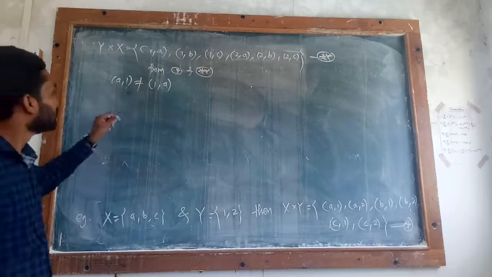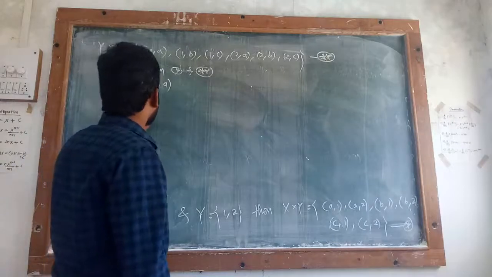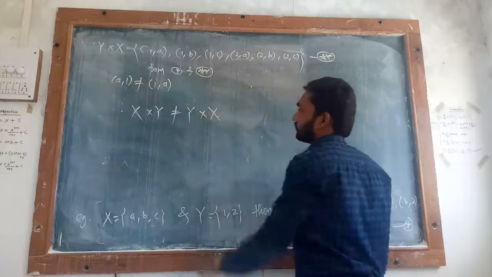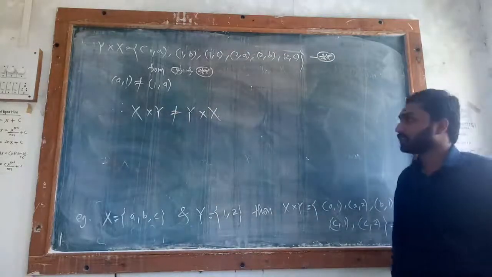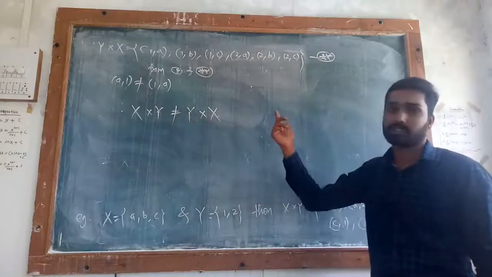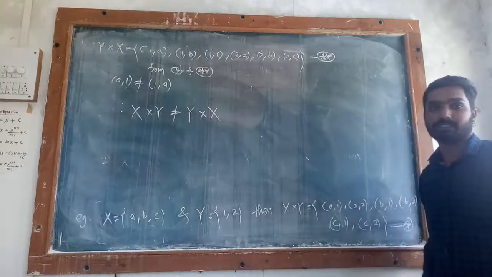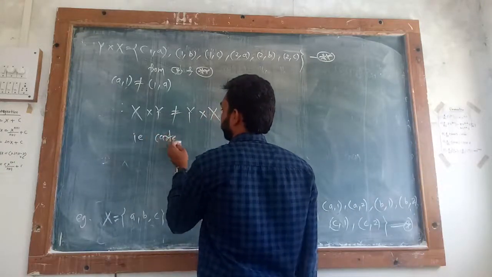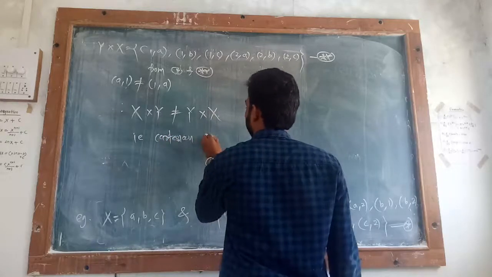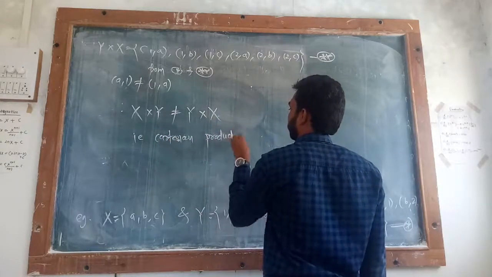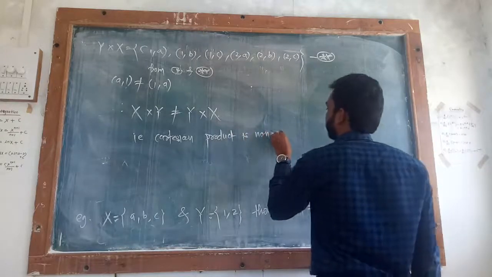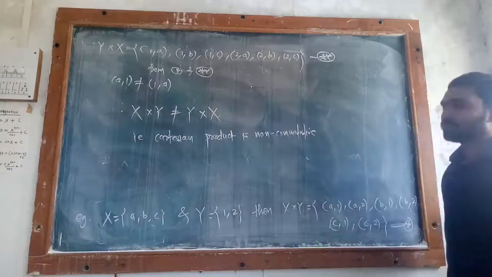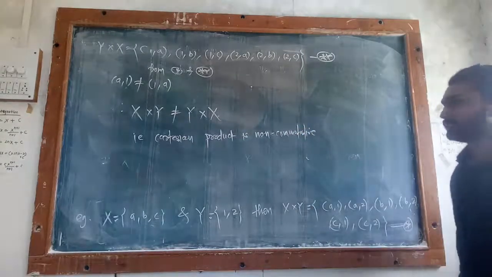No. So from this conclusion, X cross Y is not equal to Y cross X. That means the Cartesian product is not commutative, right? The Cartesian product is not commutative.